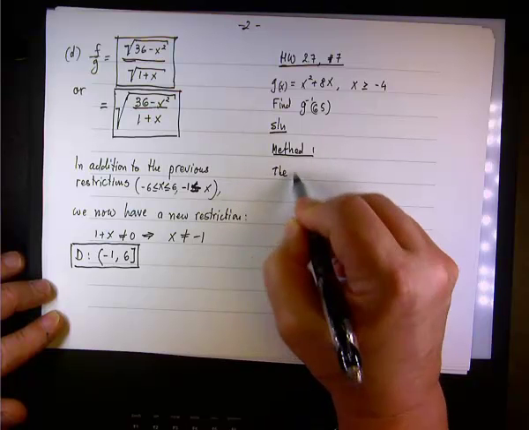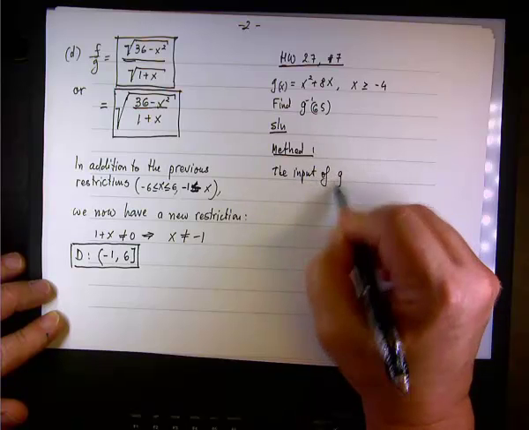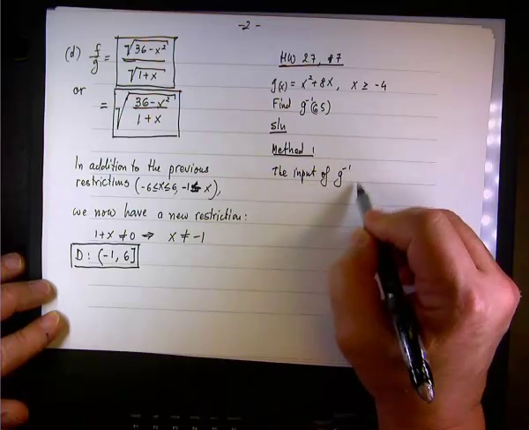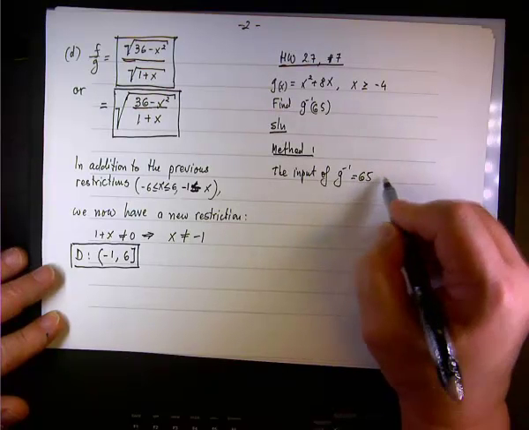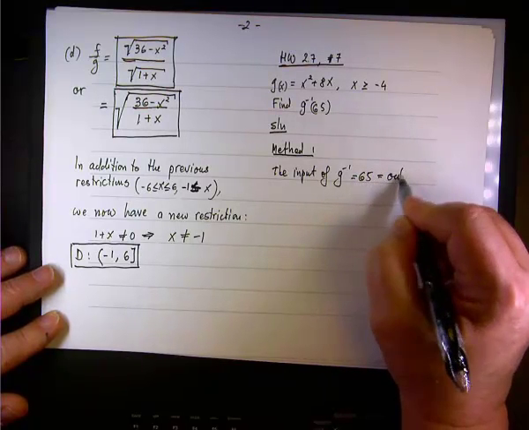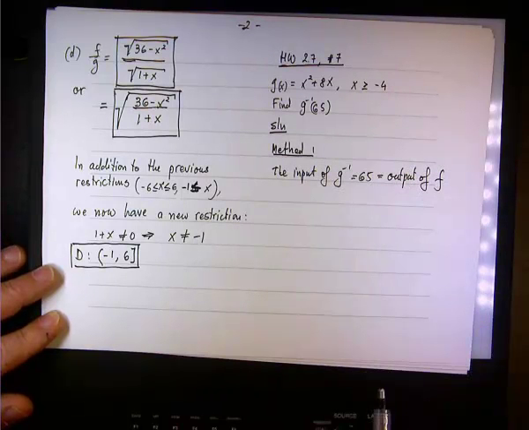The input of the inverse, which is equal to 65, equals the output of the function.